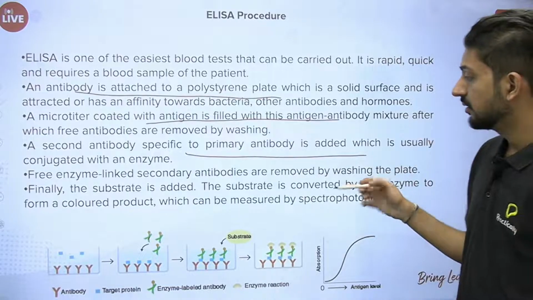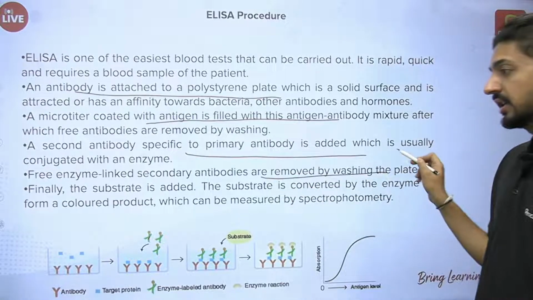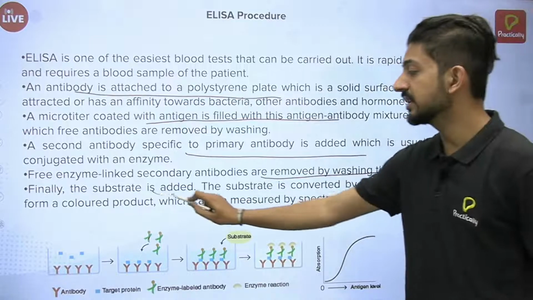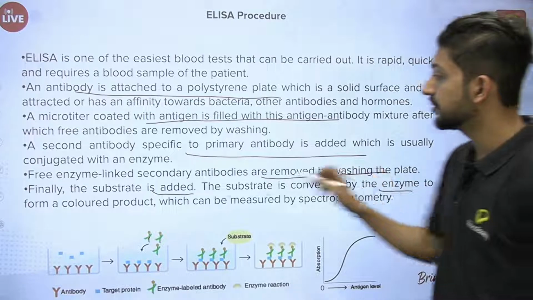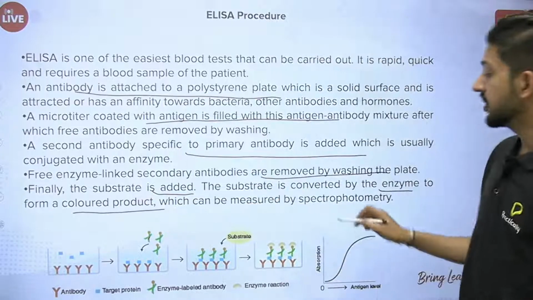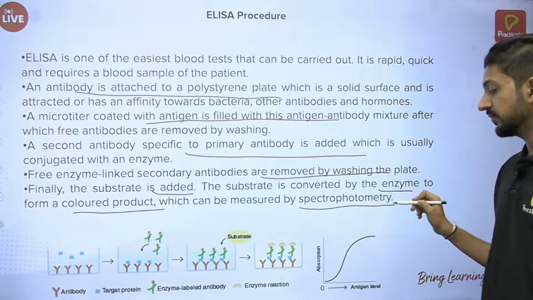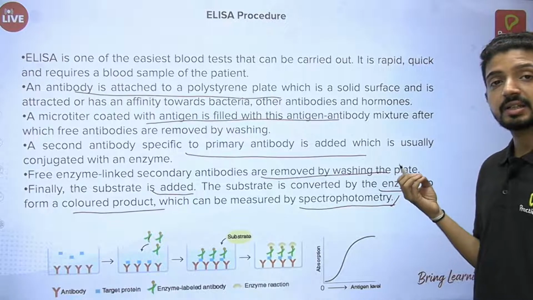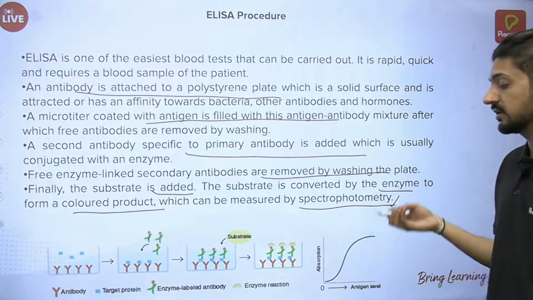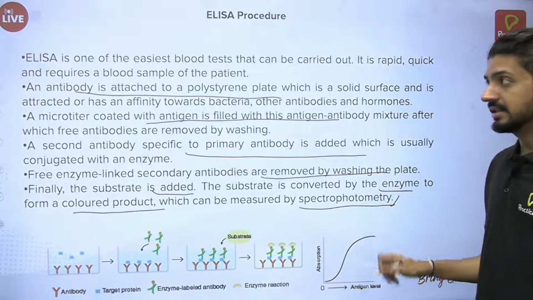Then extra things are removed by washing, and finally the substrate is added which is converted by the enzyme to form a colored product, which can be measured by spectrophotometry. Spectrophotometry is a special technique used to measure the intensity of the color of a particular substance. So these are the steps of ELISA.